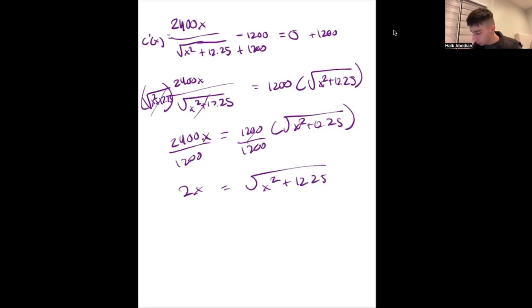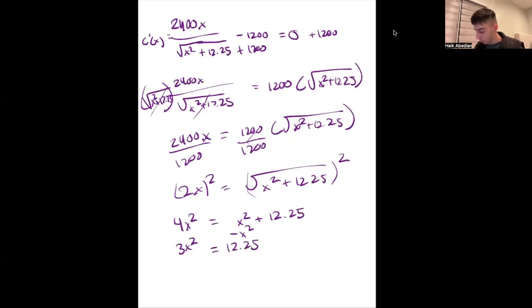Let's get rid of the square root: square this, square this. Oops, this is not 2, this is 4x squared equals x squared plus 12.25. Then we can just subtract x squared: 3x squared equals 12.25.